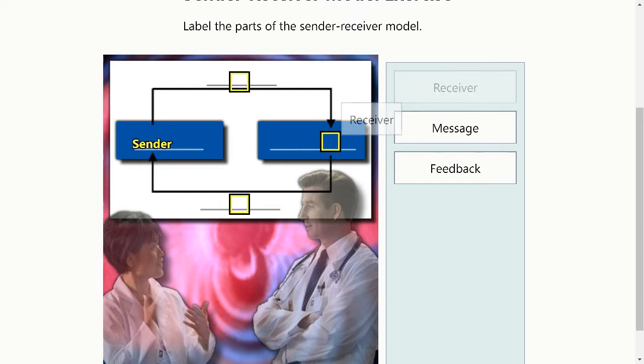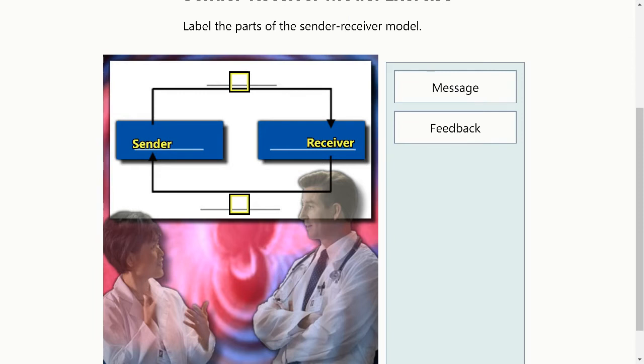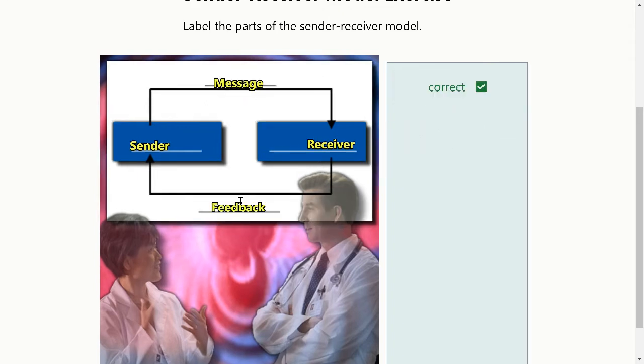Receiver next blue box, message at the top. All right, so you've got your message, your sender, receiver, and then feedback.